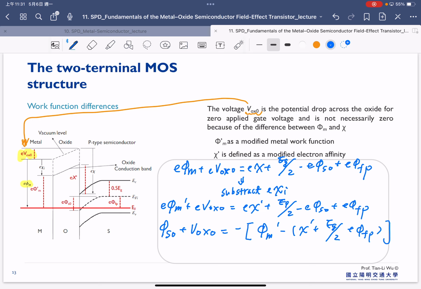We usually define this term as phi ms, which is the metal-semiconductor work function difference.